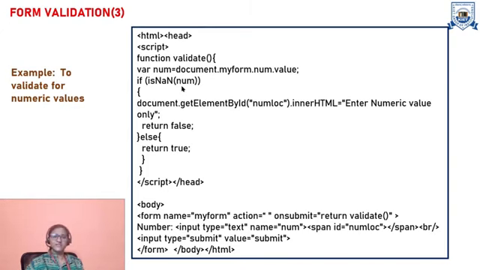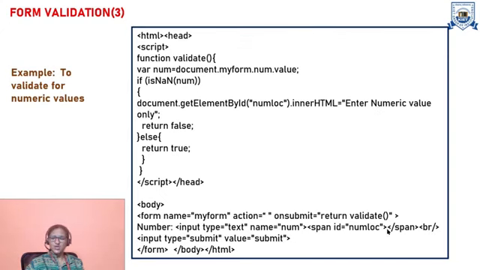If it is not in numeric form, then document.getElementById, for this span, a small chunk of code, whose id is numloc. It moves there, gets the element by id, and retrieves its innerHTML, and there it will get replaced with this statement, enter numeric values only.